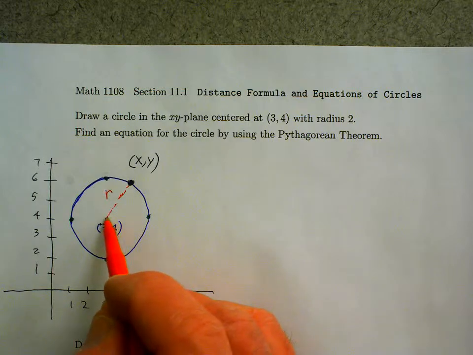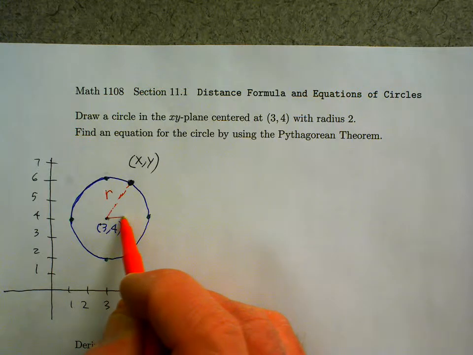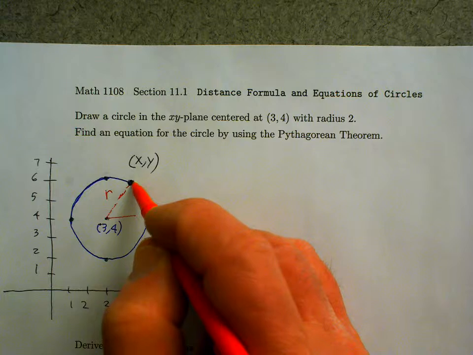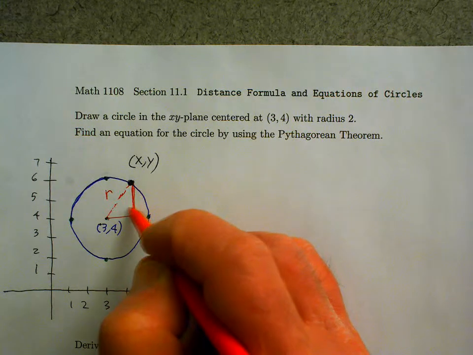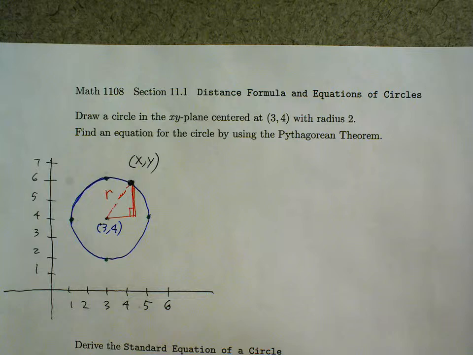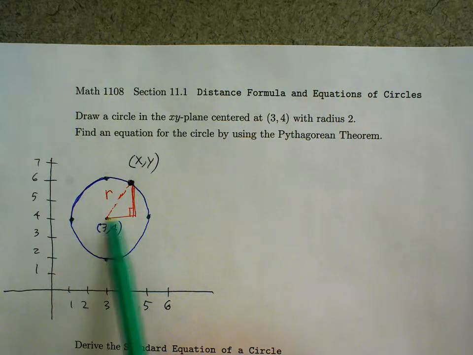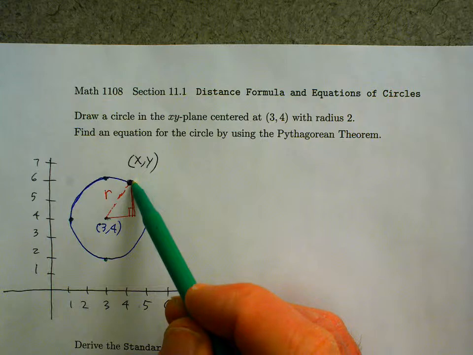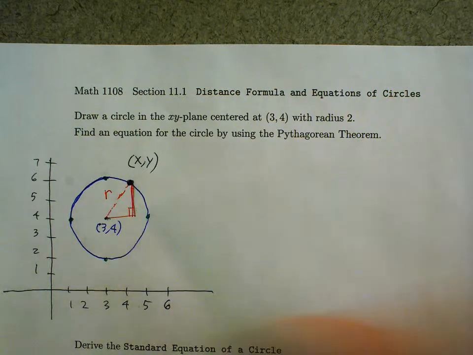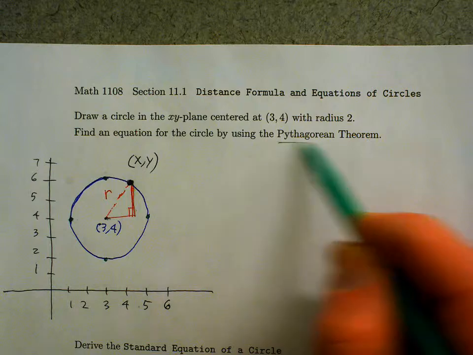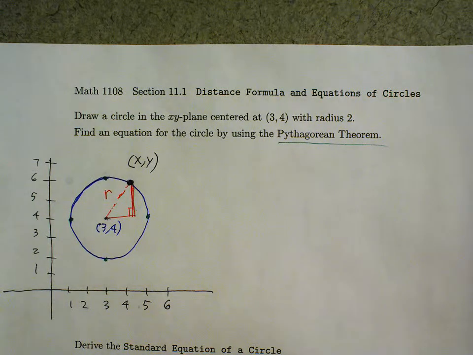And then if we construct a right triangle by connecting horizontal and vertical line segments, we'll find an expression for the length of the horizontal side and another expression for the length of the vertical side. And then we'll apply the Pythagorean theorem to that right triangle. And the result is an equation for that circle.